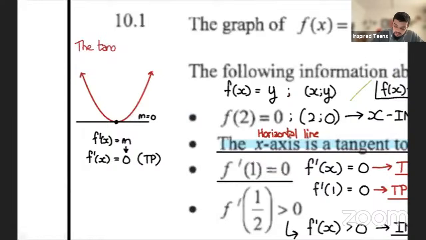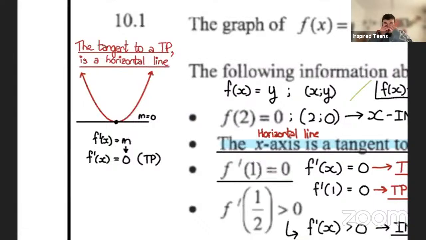the tangent to a turning point is a horizontal line.